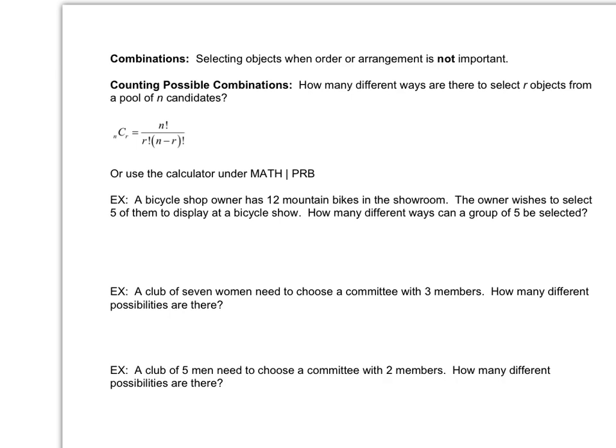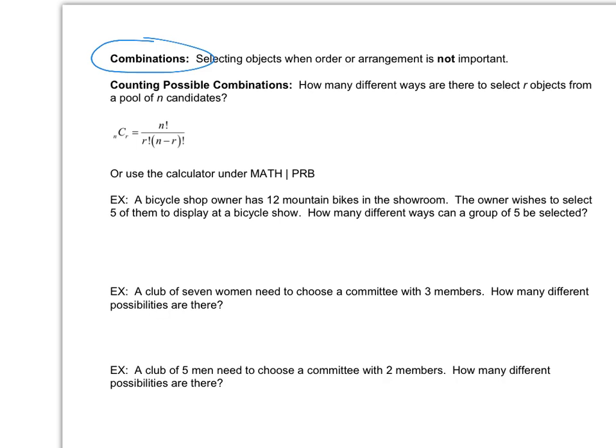The second kind of counting technique we'll talk about is a combination. Now, a combination essentially is when you're just selecting objects when order of arrangement is not important. So if I have 5 students and I just want to pick a random group of 3, how many different groups of 3 could be pulled out of those that are not in any particular order?